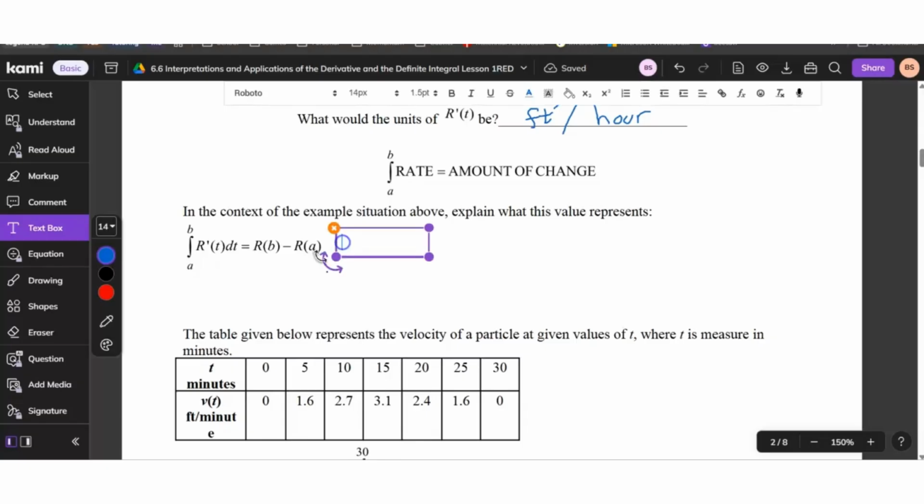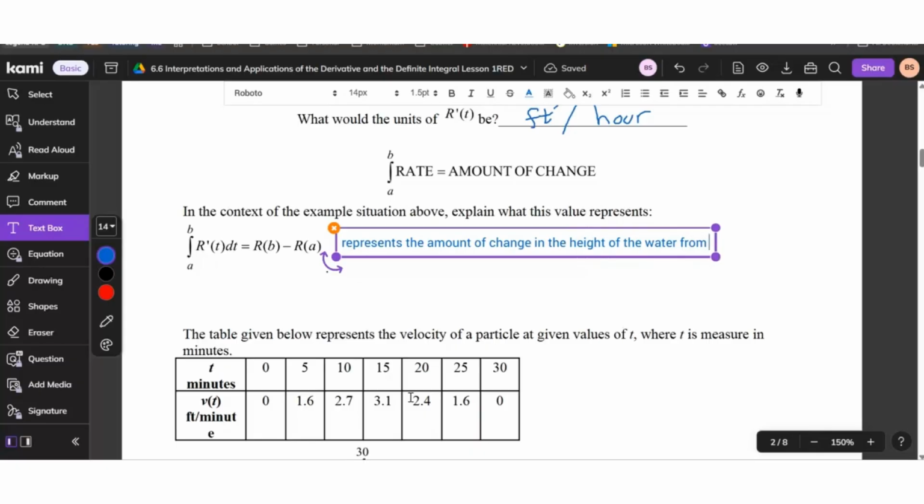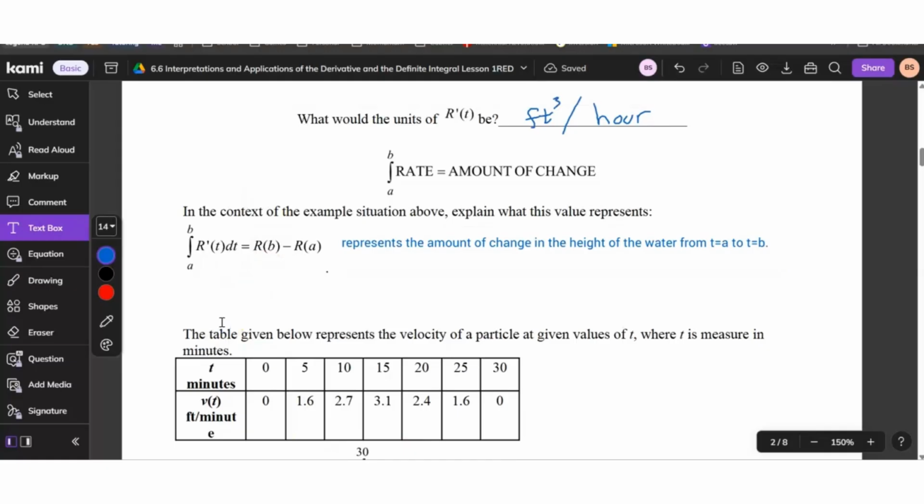This represents the amount of change in the height of the water from t equals a to t equals b. How much did it change between those two times, right?